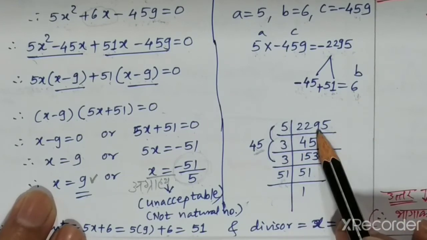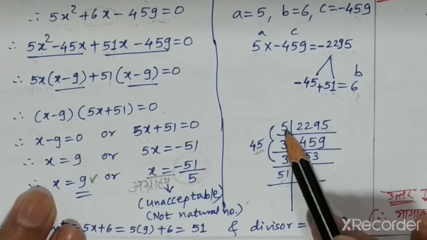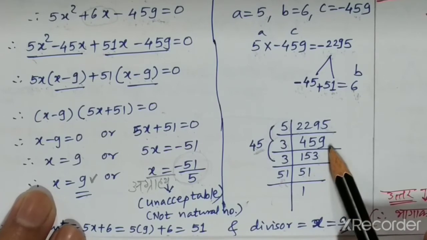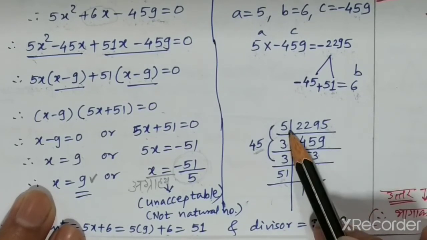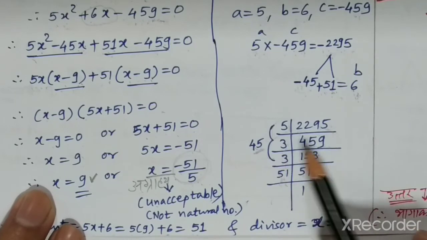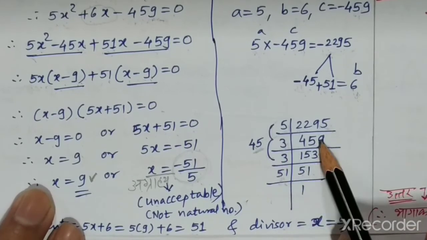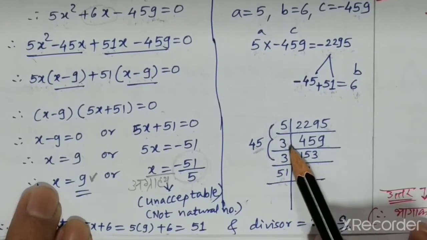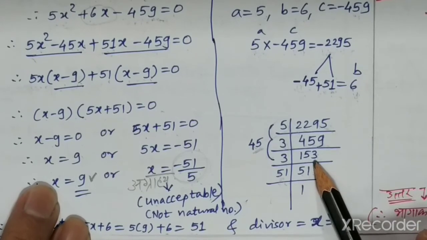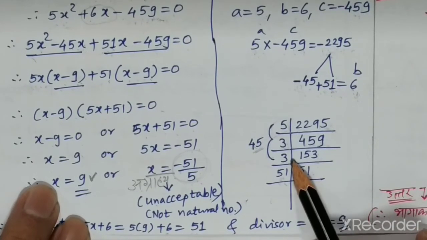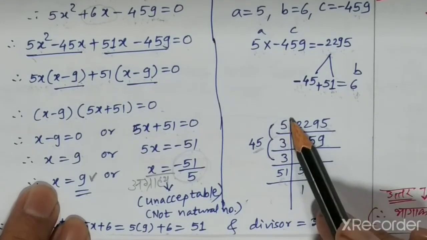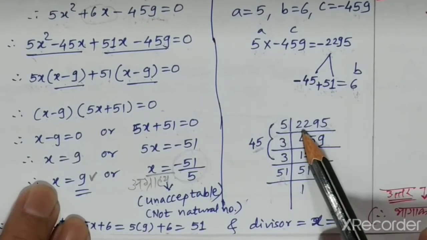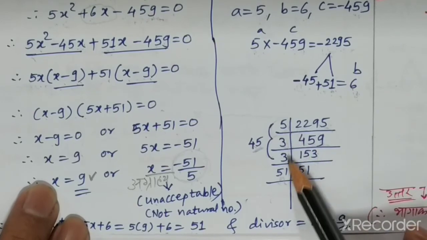So divide this 2295 by 5, we get 459, because this is the divisibility test of 5. Now similarly here the test of 3 is applicable. So dividing this 459 by 3, we get 153. Again 153 is divided by 3, we get 51, and now 51 ones are 51. So we get the factors of this 2295 are 5, 3, 3, 51.